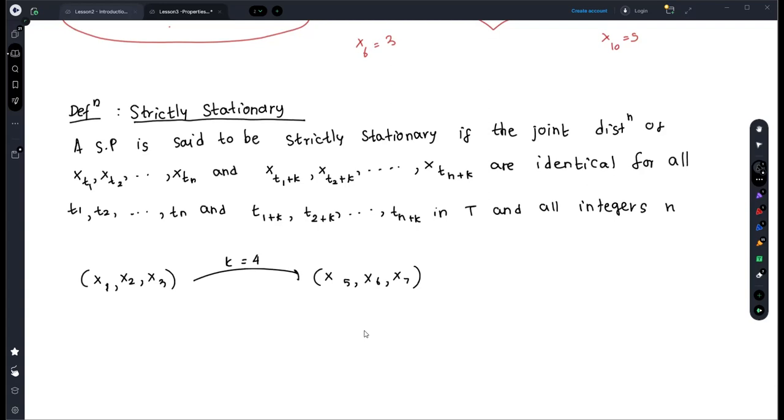So if you do that shift, the joint distribution of the original one and the shifted one are identical, right? If the joint distributions of the original one and the shifted one are identical for all possible t values and t i plus k values, then we say a stochastic process is strictly stationary, right?